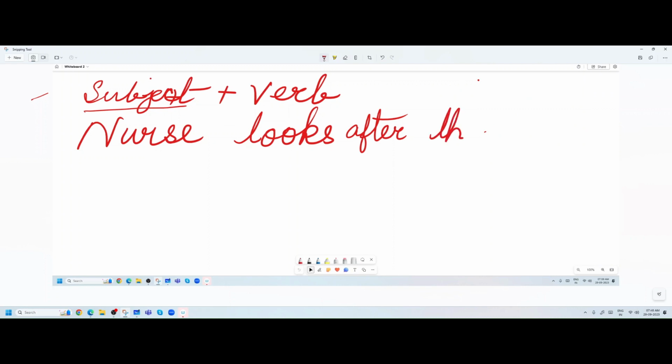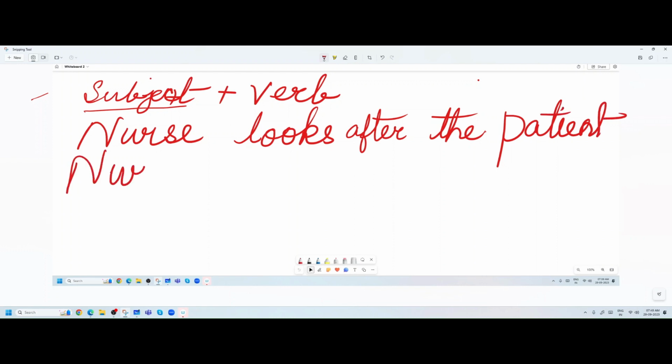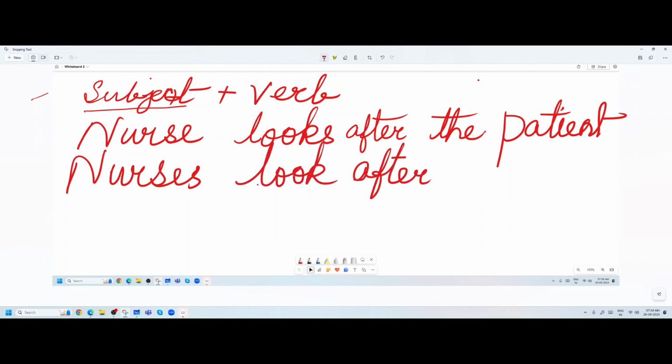Looks after the patient. Another thing that I can say: nurses look after patients. Now, what is it? Nurses look after.